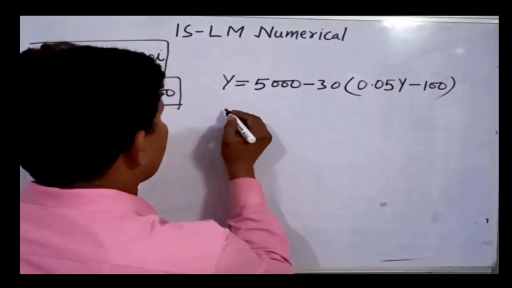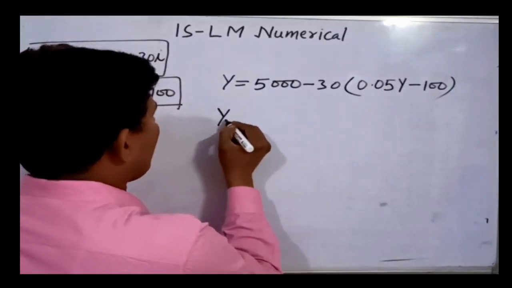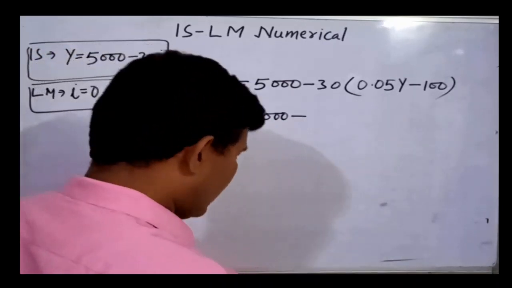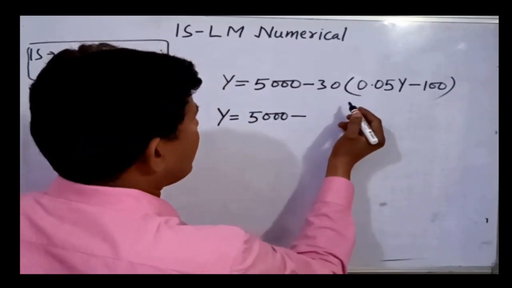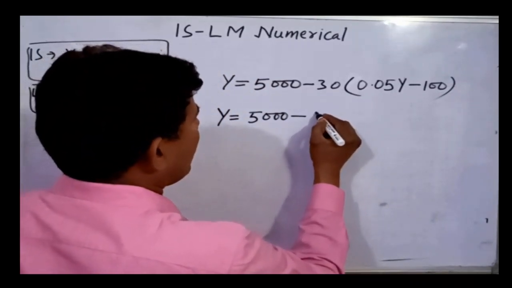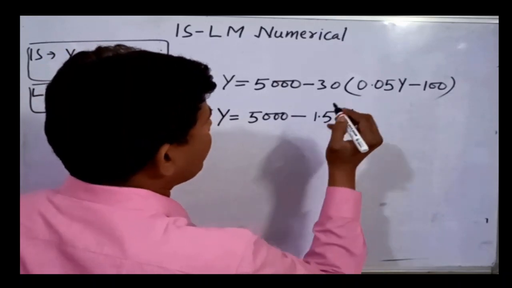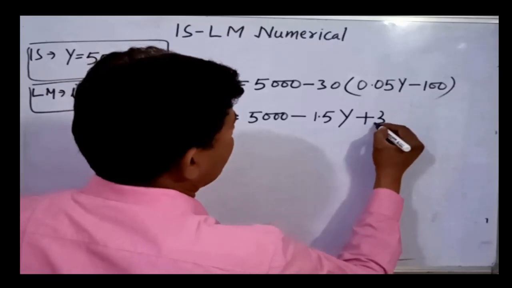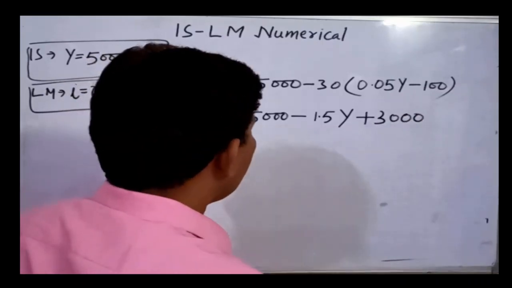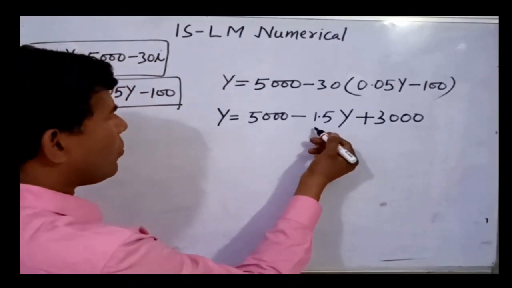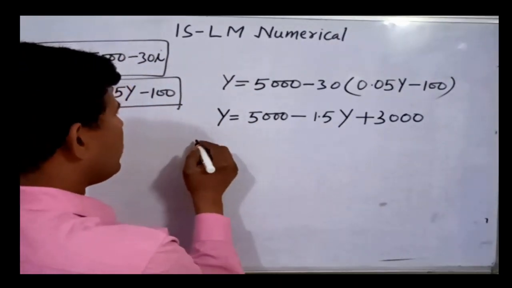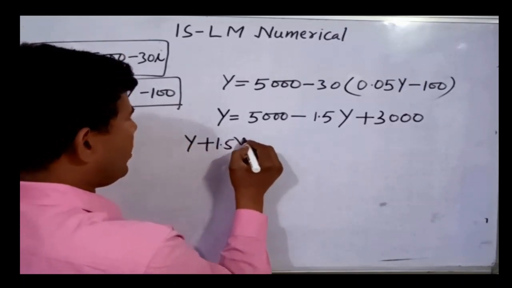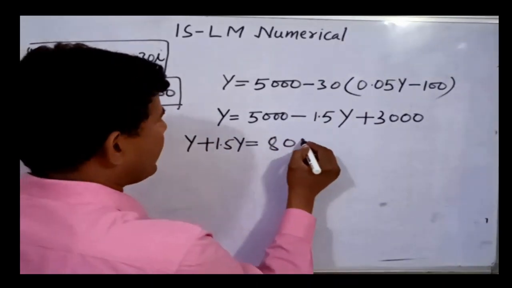So what do we get? We write here Y is equal to 5,000 minus 30 multiplied by 0.05Y minus 100. You get 1.5Y, and plus 3,000, right? Now if you take 1.5Y to the left hand side, you get Y plus 1.5Y is equal to 8,000.